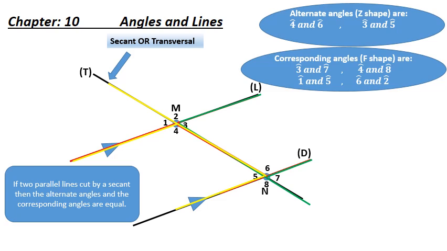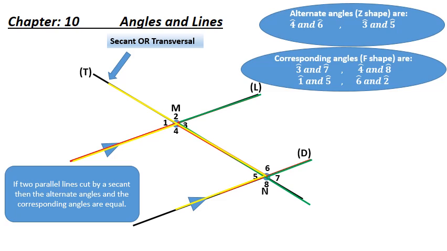So here angle 4 is equal to angle 6 and angle 3 is equal to angle 5. The reason is alternate angles, because the two lines L and P are parallel. Same for the corresponding angles: angle 3 equals angle 7, angle 1 equals angle 5, angle 4 equals angle 8, and angle 6 equals angle 2. These angles are equal in case the two lines L and P are parallel.